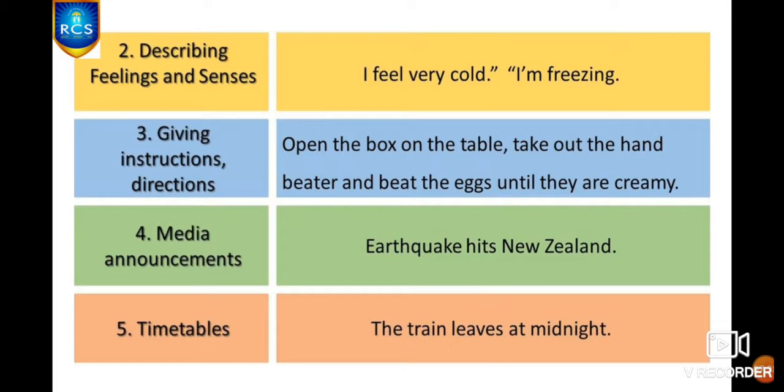And timetables that cannot be changed or that are fixed, at that time we will be using the simple present. The train leaves at midnight. The timetable is fixed and will not get changed. So we are using this.